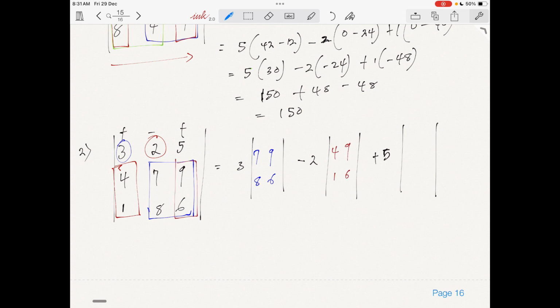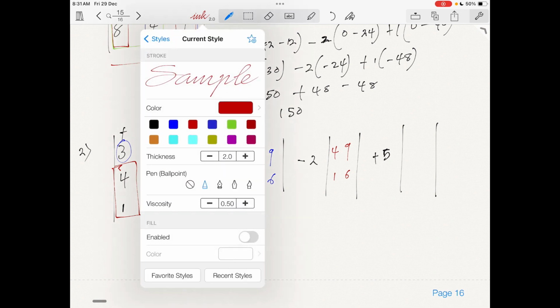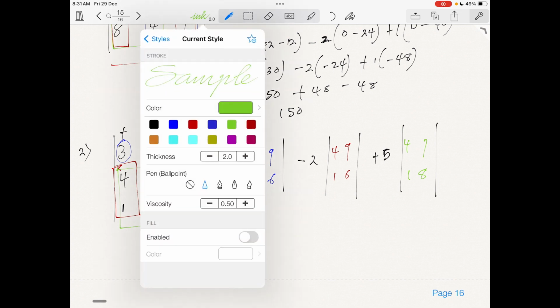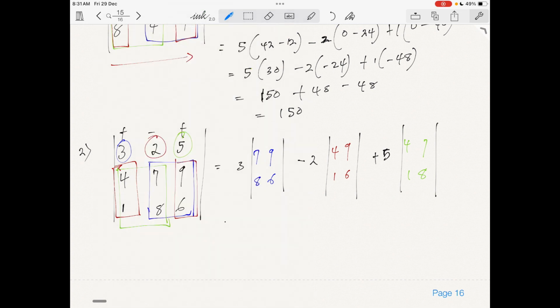And then finally we look at the plus 5 element. We look at the horizontal and the vertical, and we will be left with 4, 7 and 1, 8. So with this, it will be easy for us to evaluate the 2 by 2 matrices.